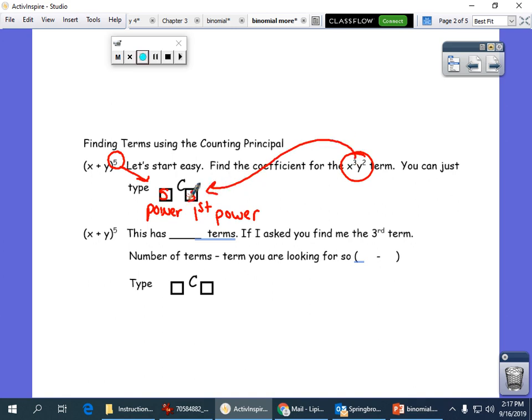What's my coefficient? 10. Okay? You just need to be able to write the code and let the calculator do it for you. 3 is the first exponent I see in the term. Okay? That's where that came from. And the 5 comes from the overall power. Yes? Okay. When I type this in my calculator, this is the answer I get.